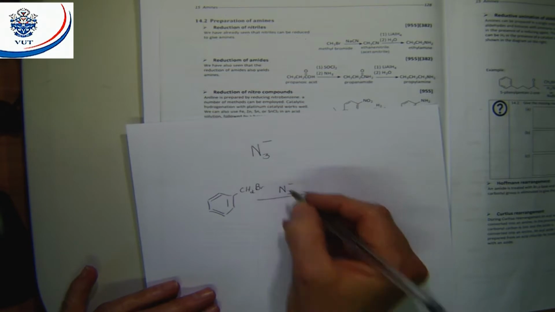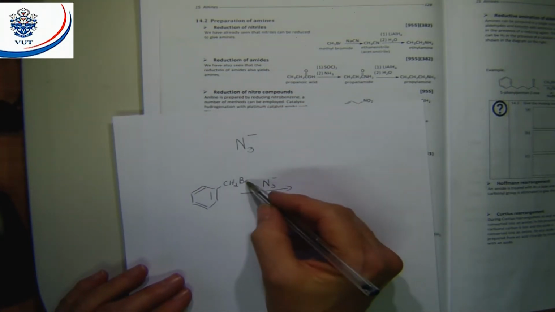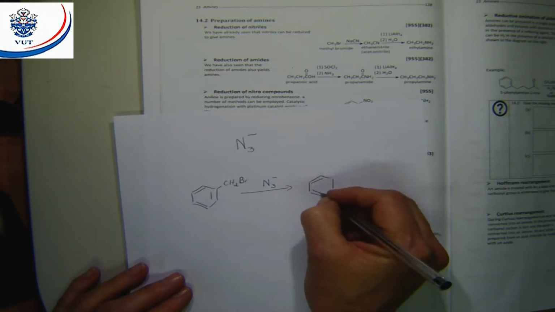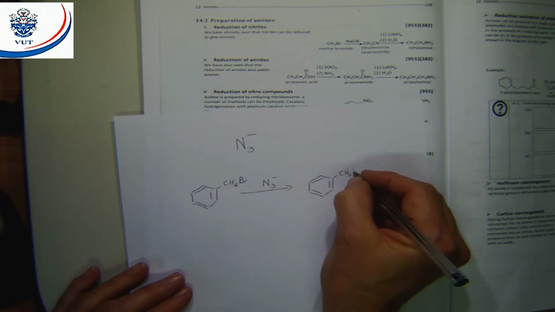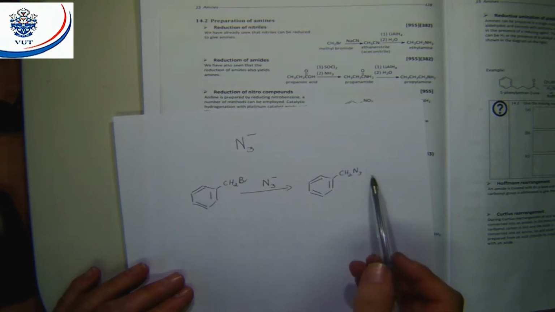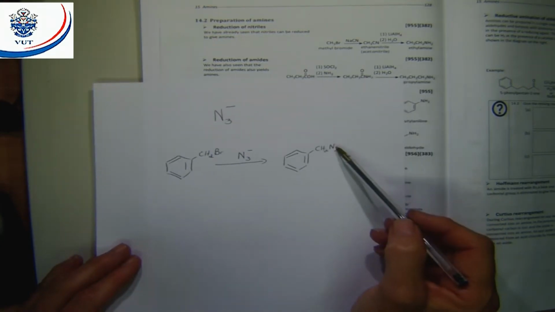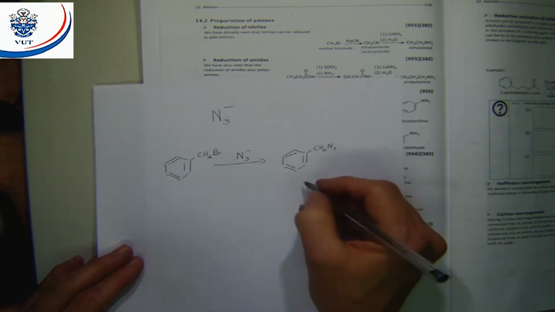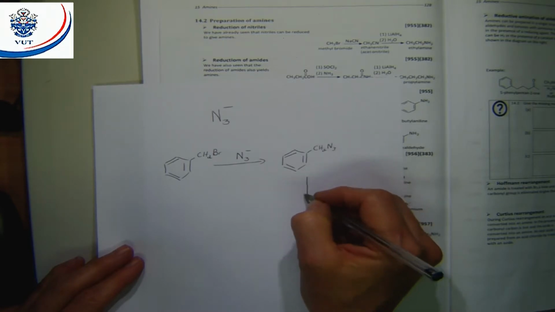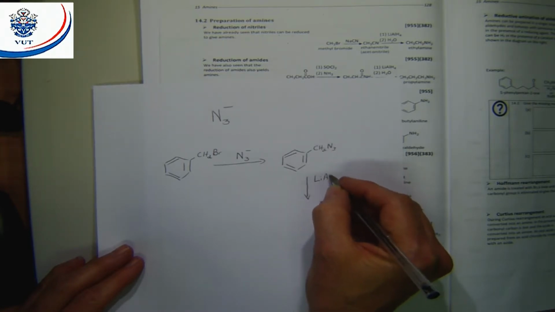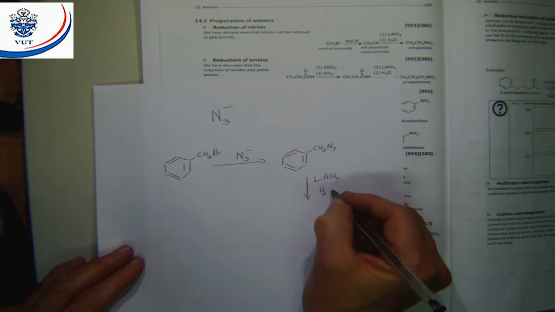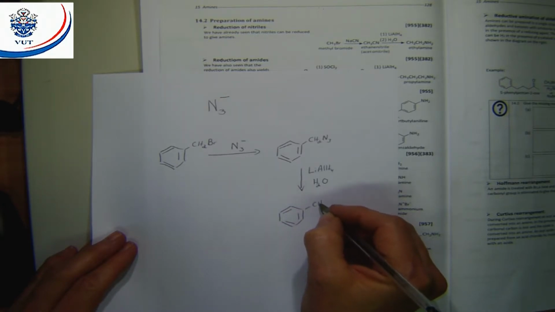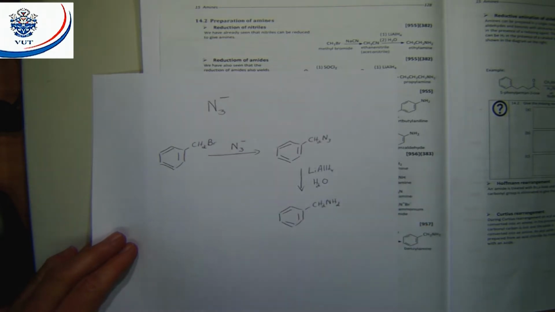It can be sodium azide, and the azide is going to substitute that bromo group so that we have CH2N3. So now you have your benzyl azide, and the only thing we have to do here in order to have an amine is to add H's. So that's what we are going to do. We take that azide, and from the azide we reduce with lithium aluminium hydride, and you are going to have your amine. Amine formed there because of the H's that are added.